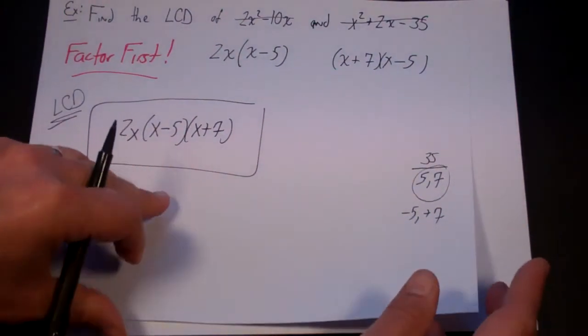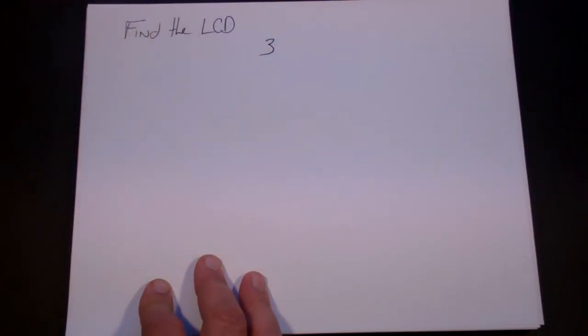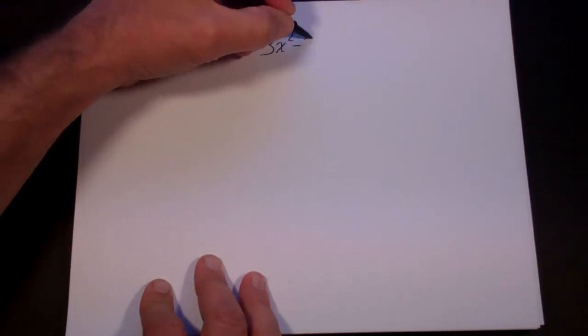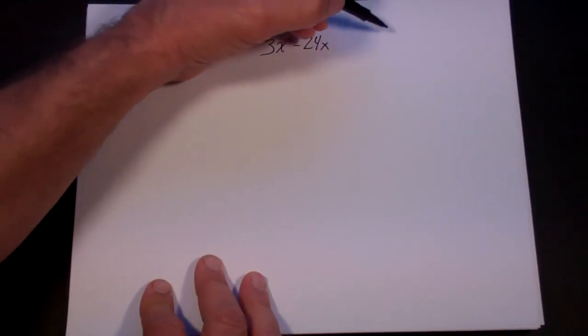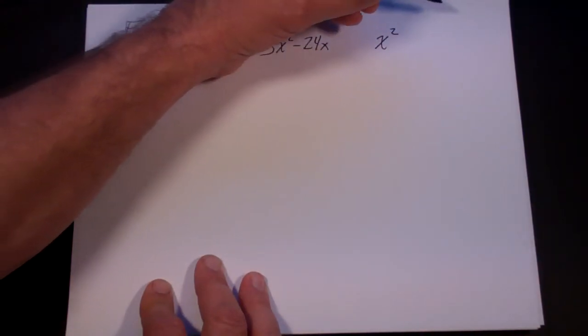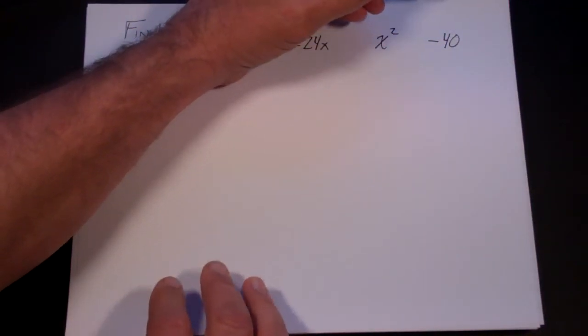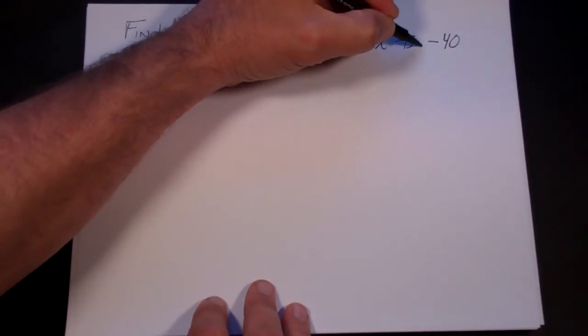Let's look at one more example. Let's say that we wanted to find the least common denominator. And this time let's go 3x squared minus 24x, and let's go x squared minus 13x plus 40.